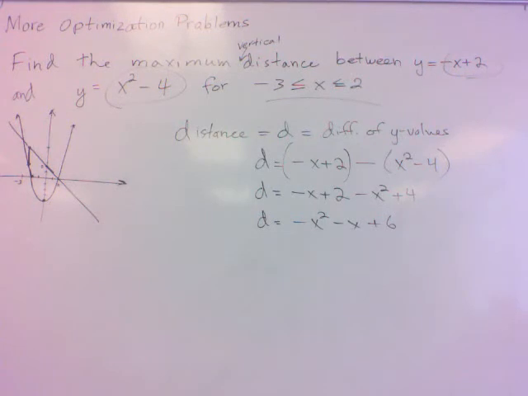Well, I want to find the maximum vertical distance there. How do I do that? Where do the maximums or minimums occur, depending on the function you have? The critical numbers. And where do the critical numbers occur? Well, it's where the derivative equals 0 or does not exist. So I need to do the derivative, right?